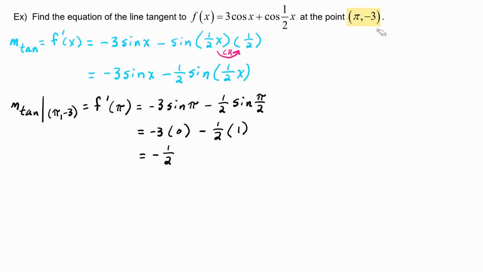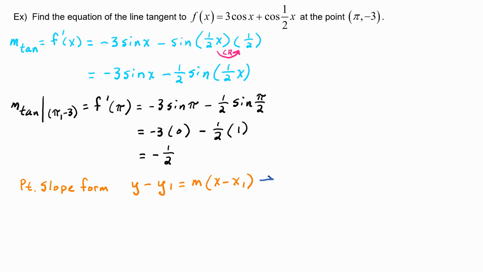Now that we have a point and a slope, we can plug into point-slope form, which is y minus y1 is equal to m times x minus x1.